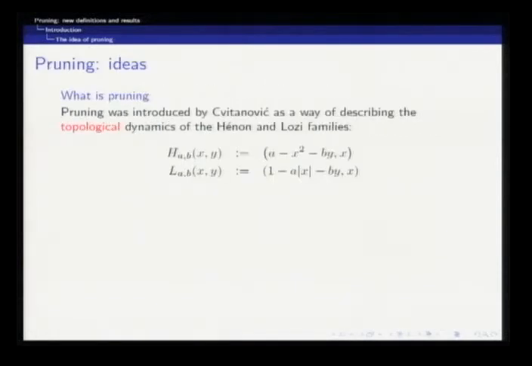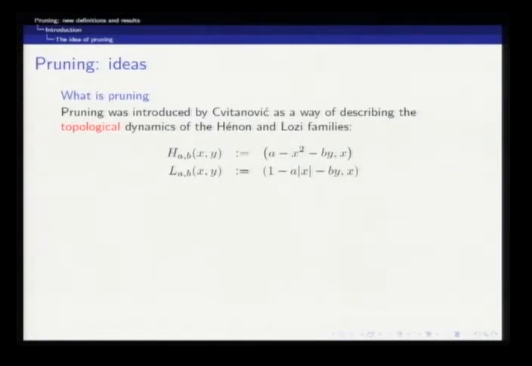So to start with, what is pruning? The pruning idea was introduced by Cvitanović in the 80s, I suppose. And the idea, as I just said, was to be able to describe the topological dynamics in families.